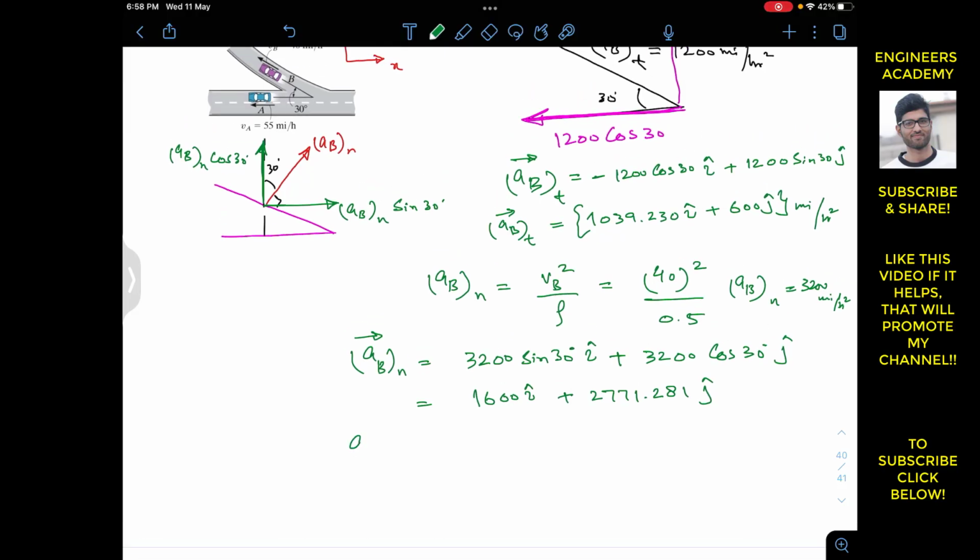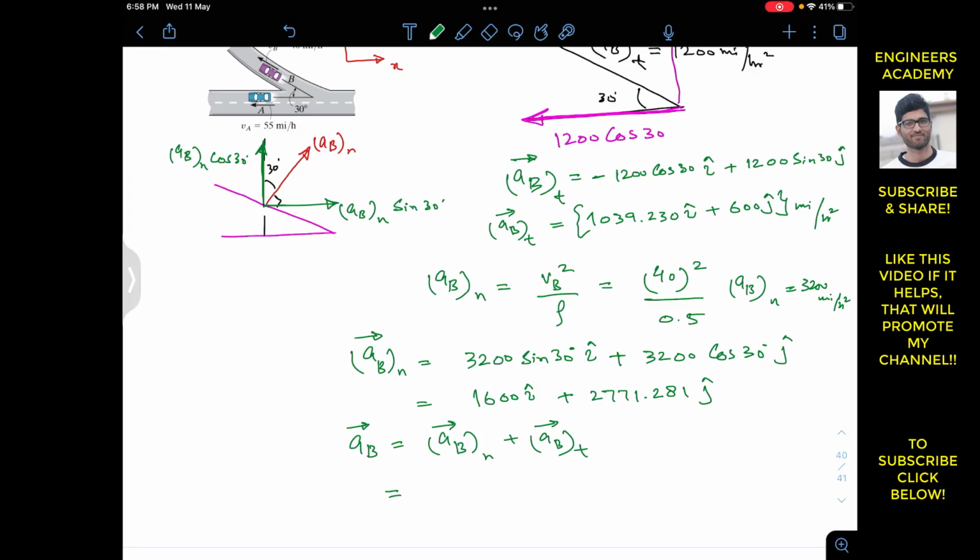So now we have to find the acceleration of B. So the acceleration of B is equal to ABN plus ABT. Now we have to add ABN and ABT. So we have to add the i component of ABT with the i component of ABN.